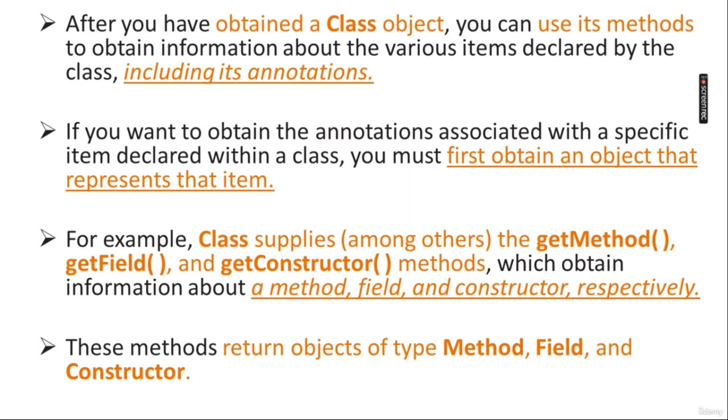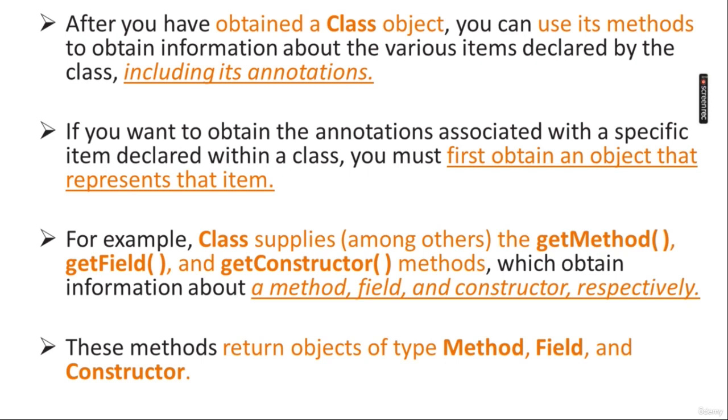If you want to obtain the annotation associated with a specific item declared within the class, you must first obtain an object that represents that item. Okay, so if you want a specific annotation, not all items' annotations, you must first obtain the object that represents that particular item.